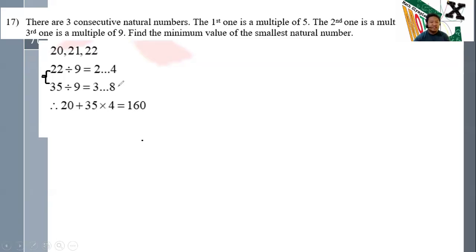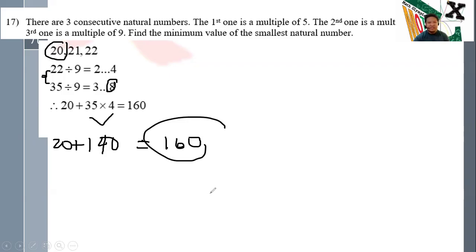So we choose 36. As you can see, 35 gives us a remainder of 8. As we continue, we can have 35 times 4. It will give us 140, preserving the 7 and the 9 remainder, plus 20, that initial number that satisfies us. So that will give us 160.